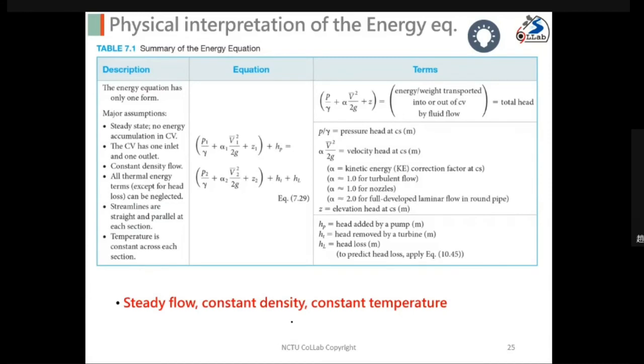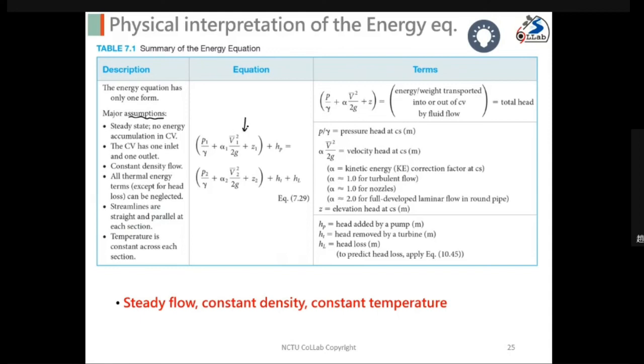The gamma is the specific weight, and Q is the pump discharge. Okay, so specific gravity. Okay, so now the table just summarizes the energy equations.